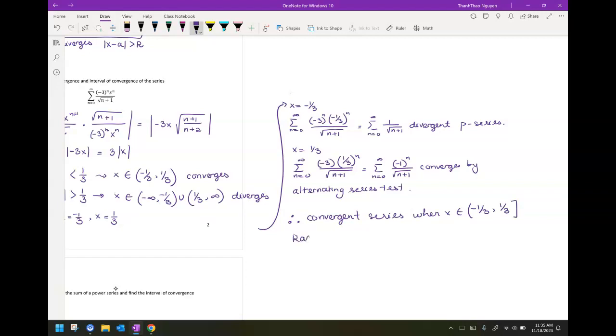The radius of convergence is r equals 1/3.